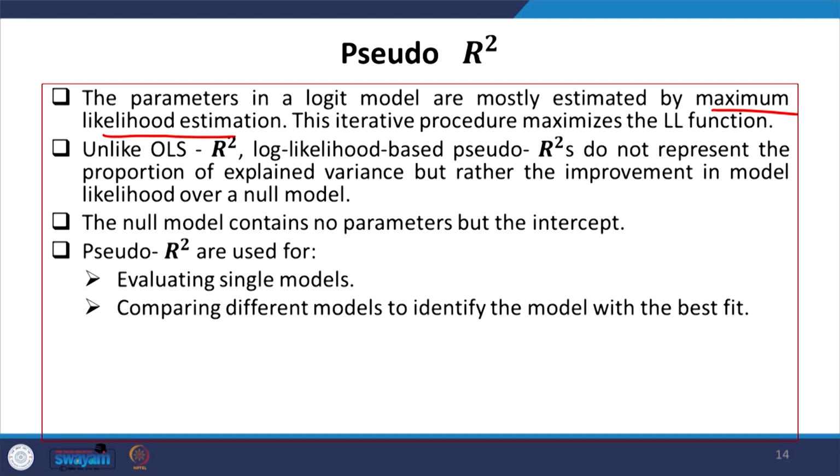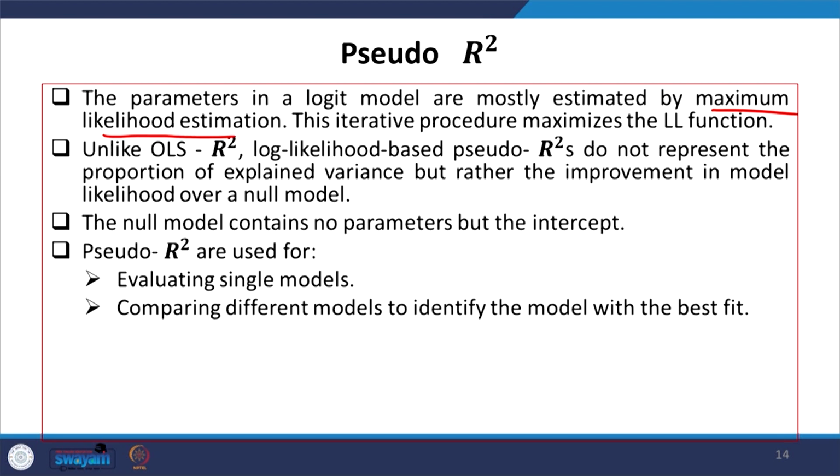Okay. Unlike OLS based R square, the log likelihood (LL) based estimation gives the pseudo R square value that does not represent the proportion of explained variance, but rather the improvement in the model likelihood over a null model. So, basically we are discussing the likelihood of a variable being included in a model.